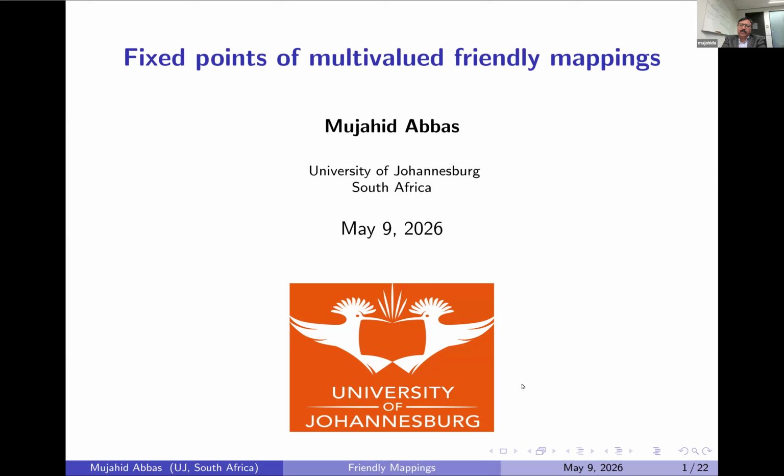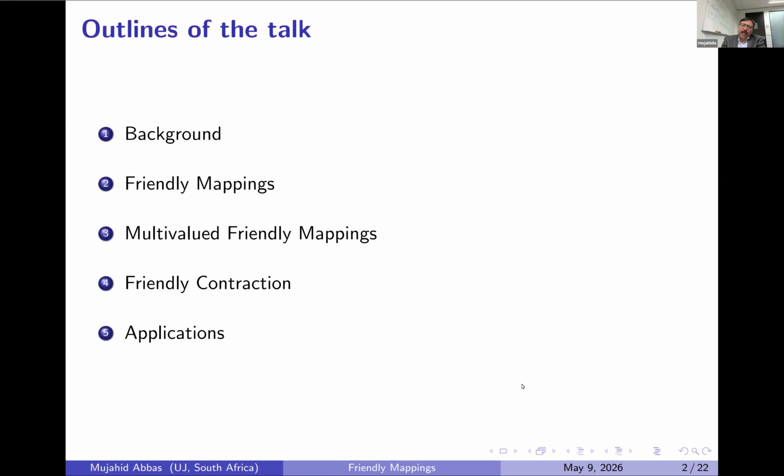As you know, the title of my talk is there in front of you. The plan and outline of my talk is basically that I'll be discussing some background, then I will jump to the concept of friendly mappings.